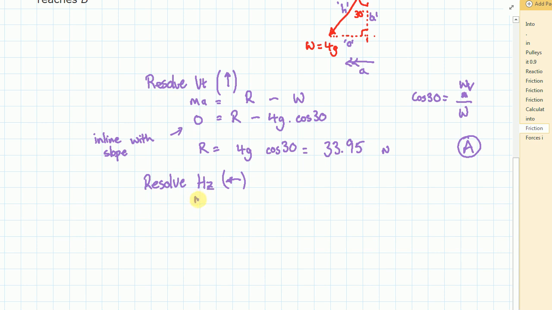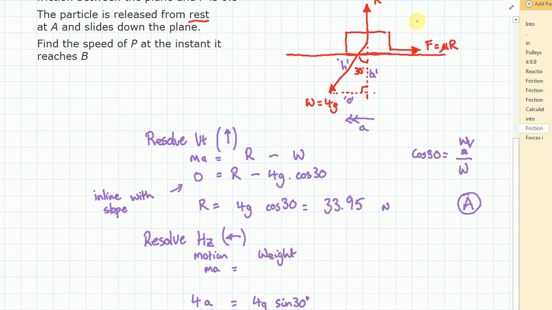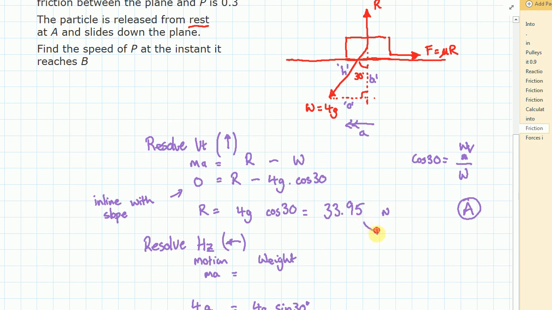Motion, which is ma, is 4 times the acceleration to the left, equal to the forces acting to the left. So we've got the weight, and it's the weight times sine of the angle, so 4g sin 30. Acting backwards, oh, we forgot to go and calculate the friction. So let's go. This leads to friction.